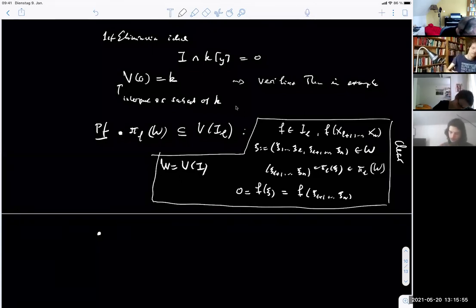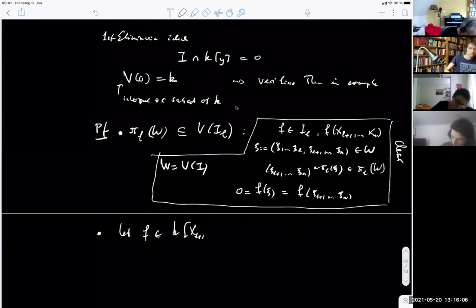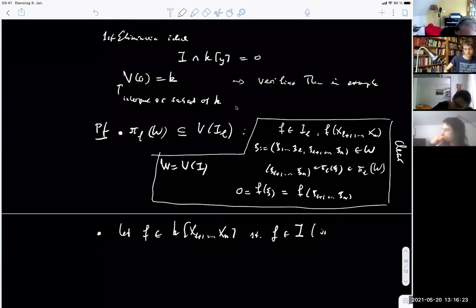So for the other inclusion, okay, what do I take? I take a polynomial depending on the last variables, x_{L+1} to x_n, such that f is in the vanishing ideal of the projection. So this is the small one.